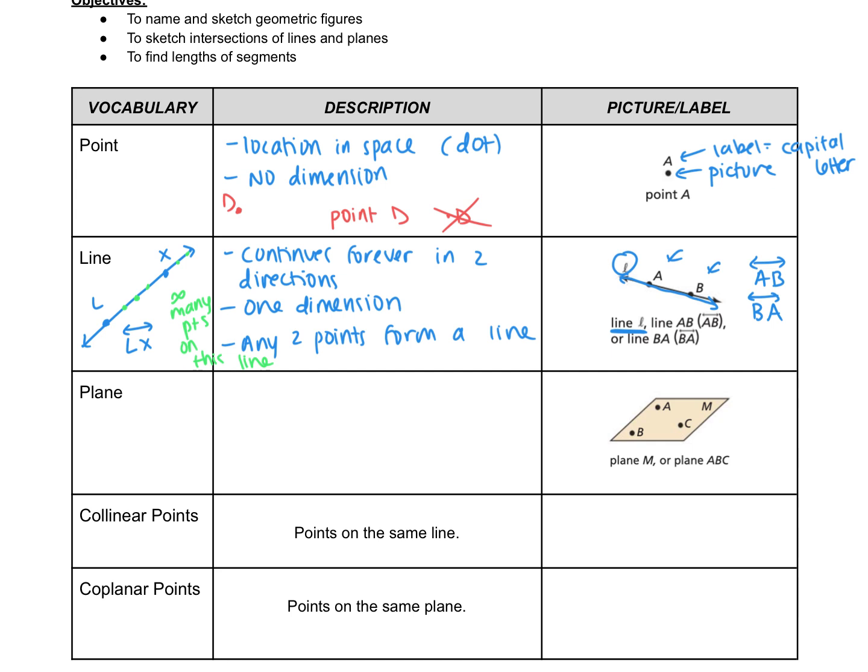Okay, so points make up a line. Points and lines make up what is called a plane. So a plane is like a piece of paper that continues in 2 directions or dimensions.